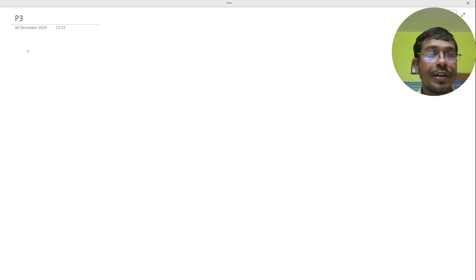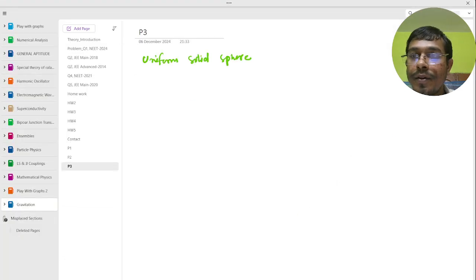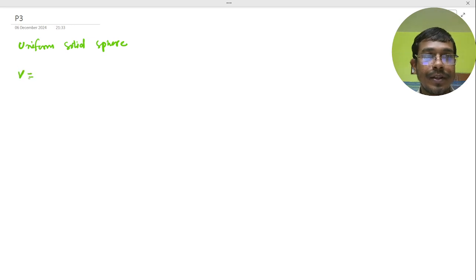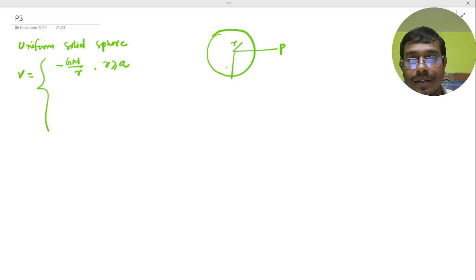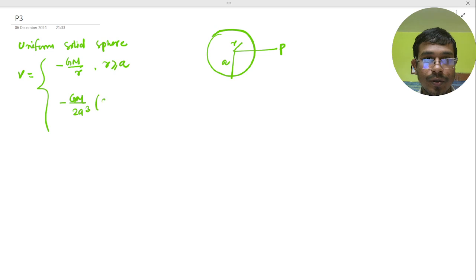So for a uniform solid sphere, we have the formula that the potential V is equal to minus GM by R, where R is greater than or equal to A. This is a uniform solid sphere, this is P, this is R, and this is A. Another one is minus GM by 2A cube times (3A square minus R square) when R is less than A. You just keep in mind this formula.